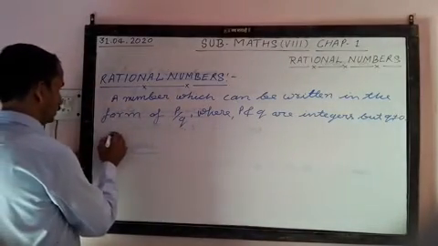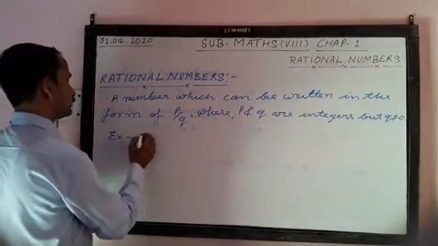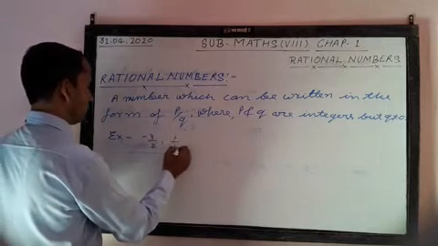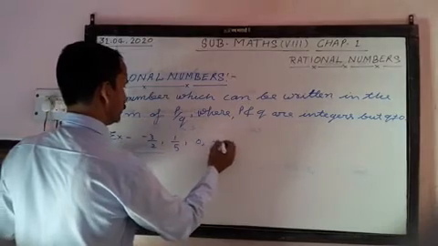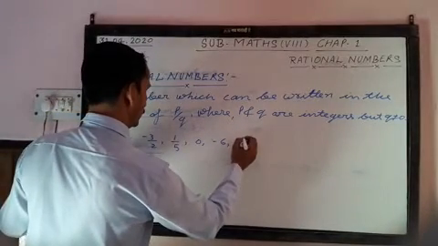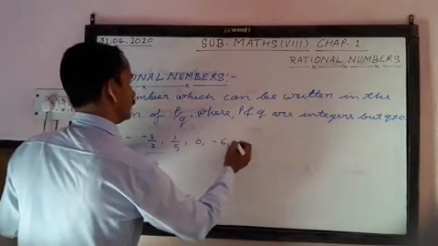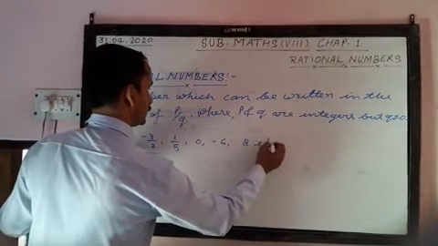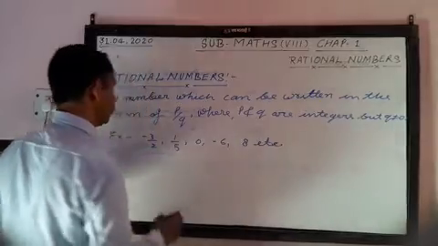For example, -3 upon 2, 1 upon 5, 0, -6 and 8, etc.